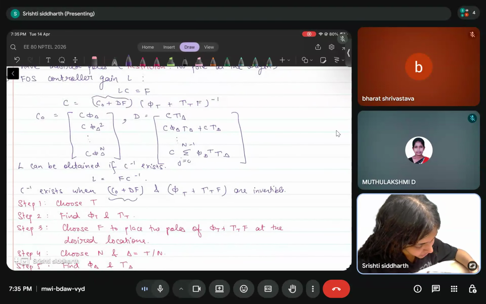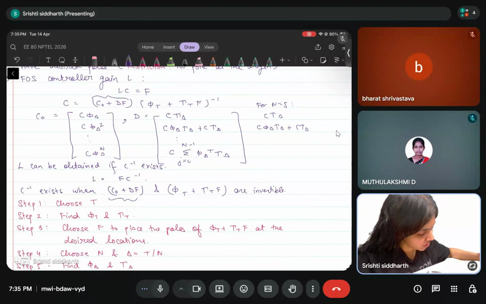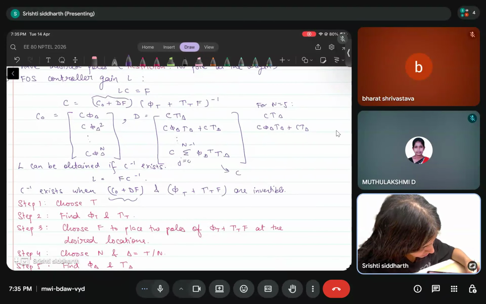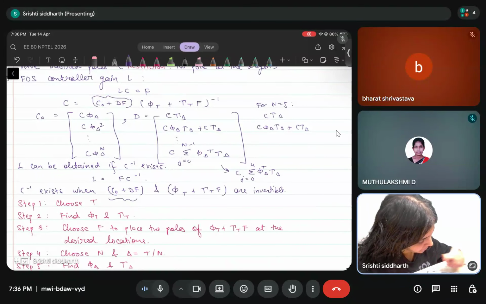I have to find out D for n equals 5. So this is C gamma delta. This is C phi delta part D times gamma delta.